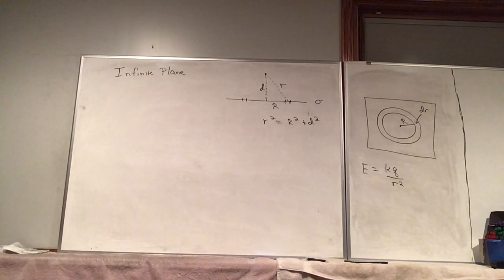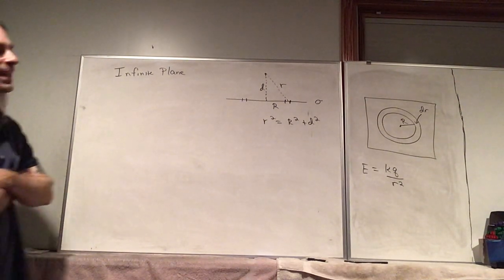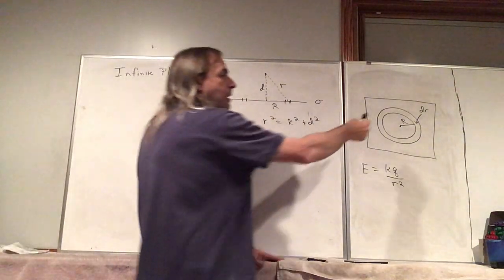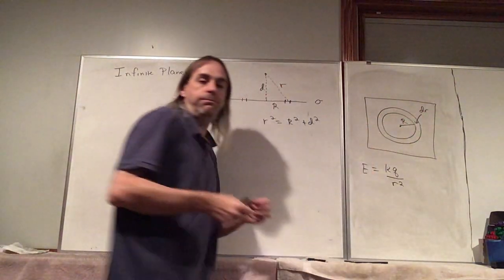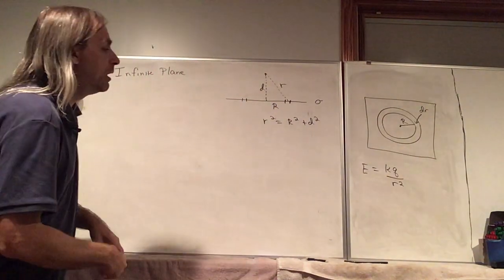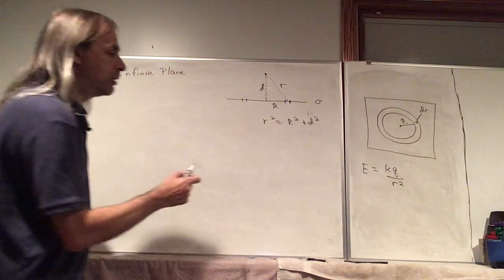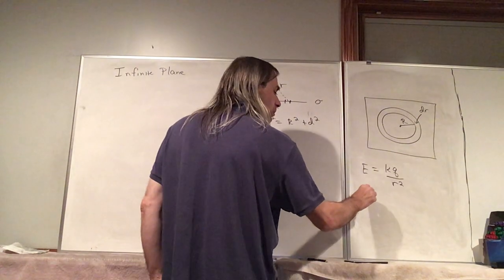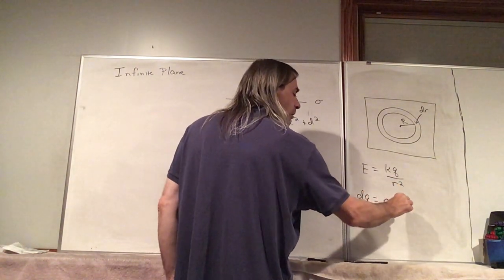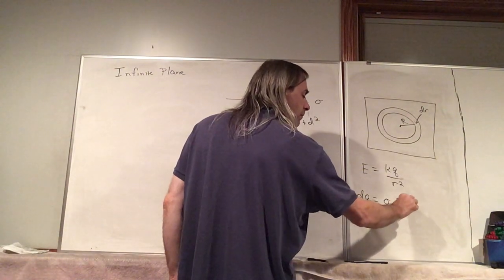Okay, so the first thing we want to do is find out how much charge is in this ring. It's a ring, so you can picture flattening it out into a rectangle. So the charge dq is going to be sigma times dA.